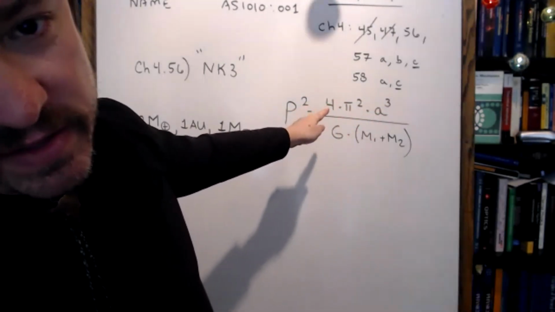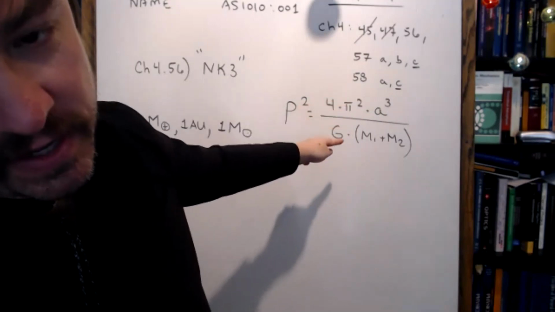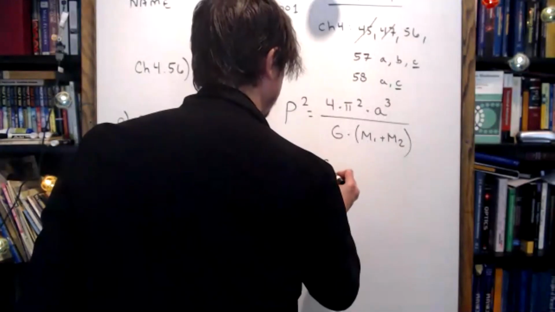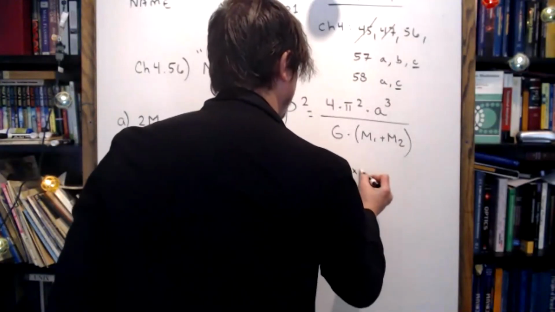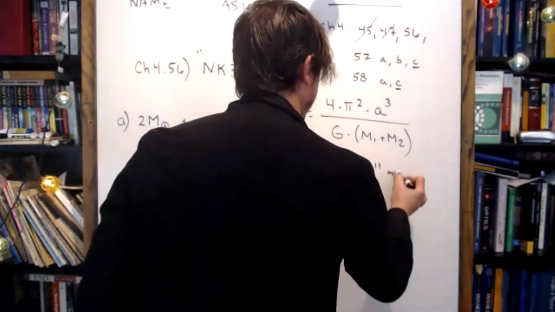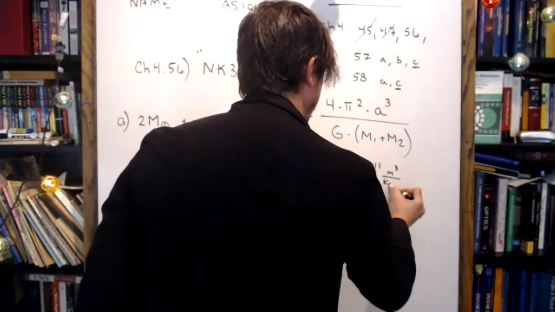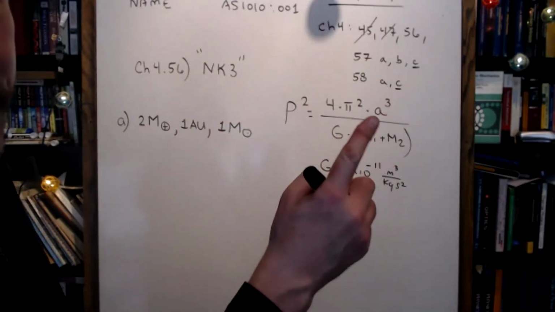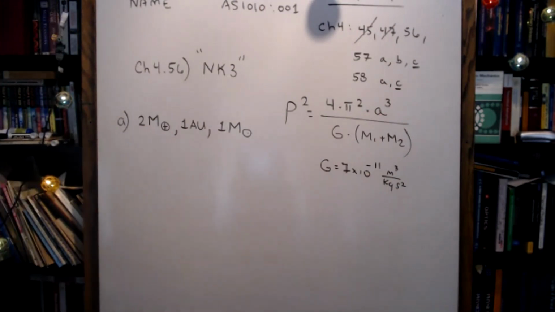We know what 4 is, we know what pi is, and we know what G is. G is 7 times 10 to the minus 11 meters cubed per kilogram per second squared. As we talked about with Rory, that's always the same. Let's talk about the A for a second. What is the A in this case?